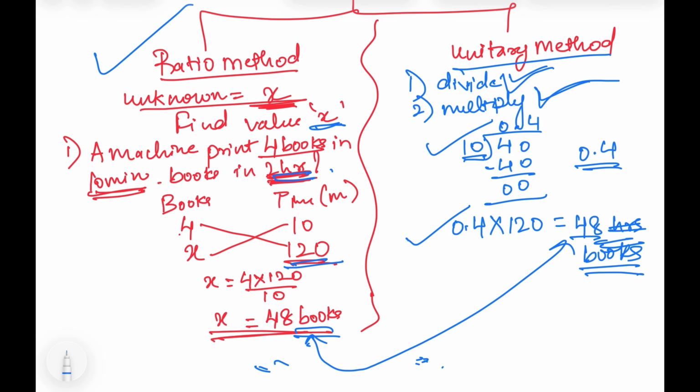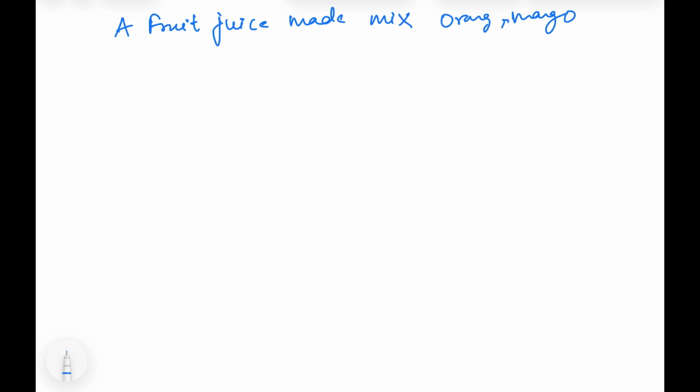Now we will take up an example and try to solve it with the ratio method. Suppose there is a fruit juice which is made by mixing juices of orange and mango, and the ratio of the juices is 9:2.